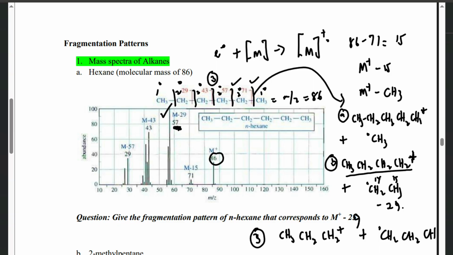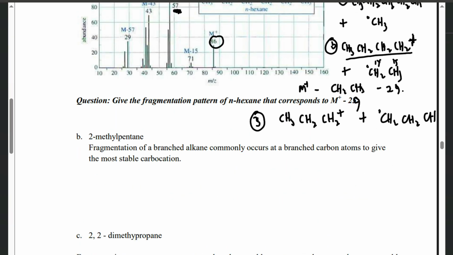So just write it out, draw the structure, indicate the fragmentation, write this fragment out, and then write it as M minus 29, or M plus minus CH2CH3, basically. So that's that.